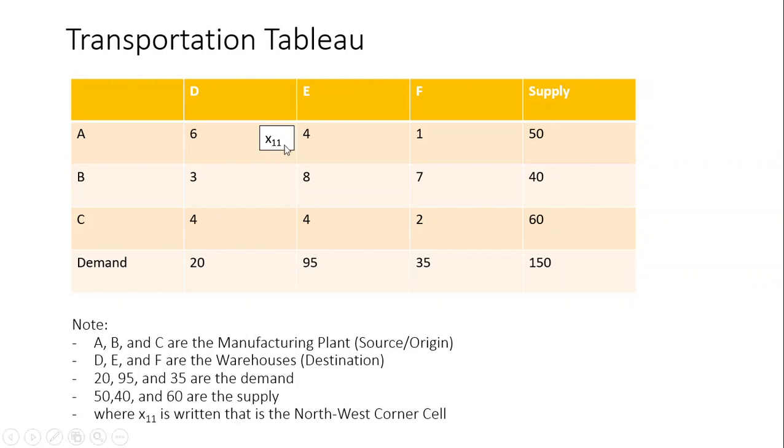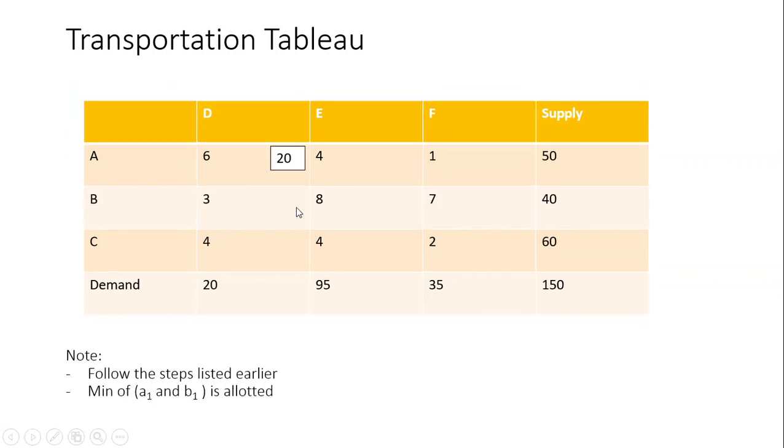This X11 is the northwest corner cell we mentioned earlier, from where we actually start solving the problem. The very first step is to allocate here.